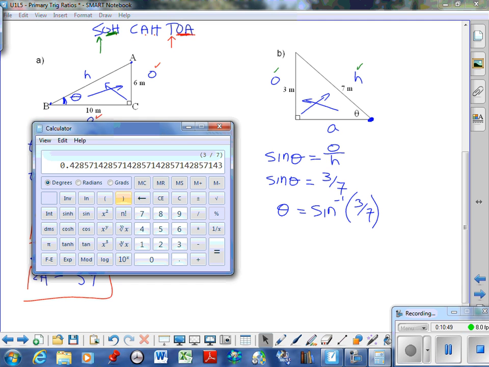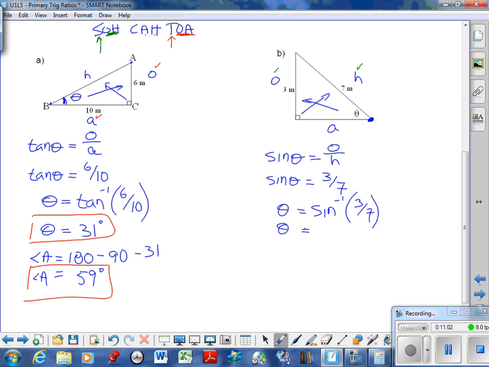Very, very important. So again, I do the 3 divided by 7 with the calculator in brackets, looking for an angle, so I have to hit inverse. And I hit the sine function, and I get 25.4 degrees. So theta equals 25.4 degrees. So there's my first answer. Now I can find the other answer. I'm just going to put a Greek letter up there to make life easier.